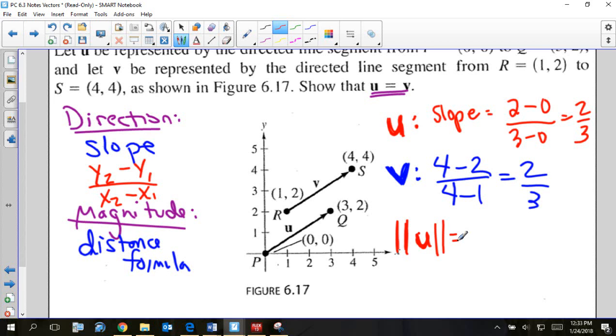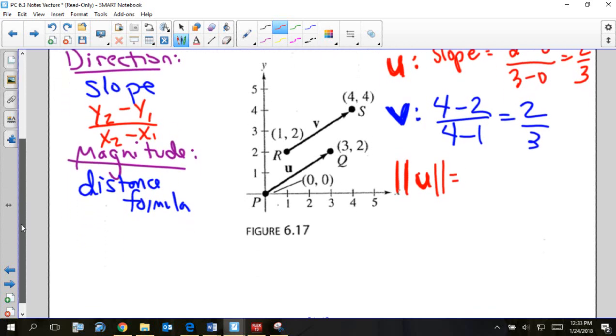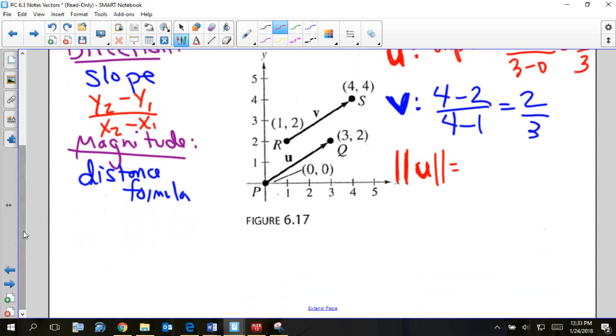And the magnitude is just the distance formula, which says subtract x2 minus x1, square it, plus y2 minus y1 squared. But I already actually found x2 minus x1 and y2 minus y1.